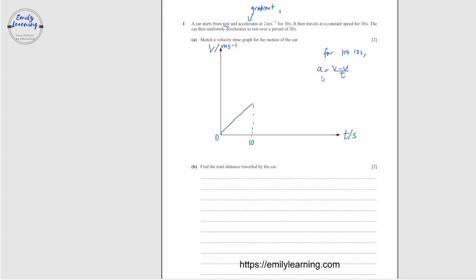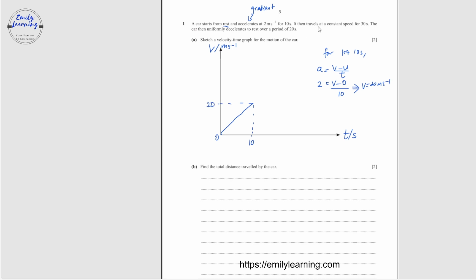So A is acceleration. I know that it is 2 meters per second squared. This velocity, I don't know. Let me keep it as V. It starts from rest, so it starts from 0 meters per second, and it took 10 seconds. So I know that at 10 seconds, the velocity is equal to 20 meters per second. Okay, so here is 20.